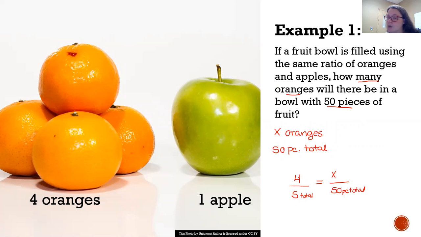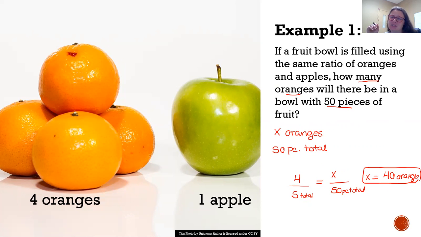Sometimes it can help to label them to make sure they're matching. And well, this is an easy one. We don't even have to hardly cross multiply on this one. 5 to 50 is times 10. So 4 to X is going to be a times 10. So we must have X equals 40 oranges. Okay, 40 oranges and 10 apples.